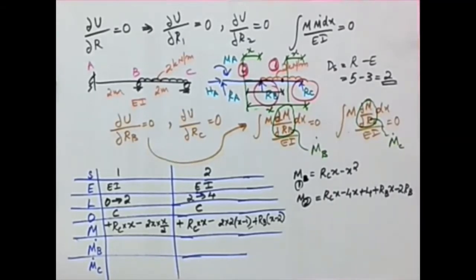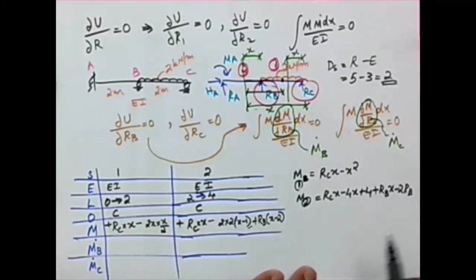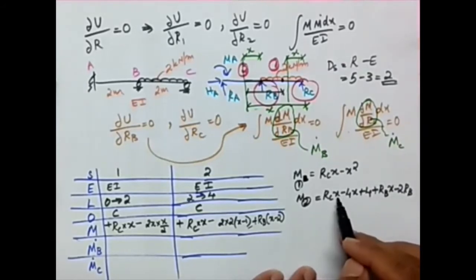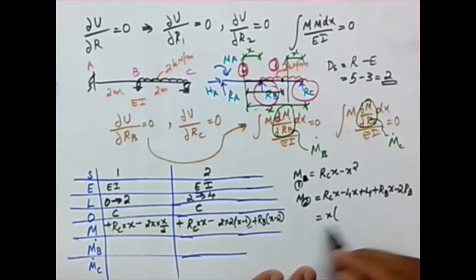Now what is the next step? The next step, we are going to integrate this in terms of x, with dx. So I'm going to club the terms with the different powers of x. Here the maximum power is x raised to 1. So I'm clubbing all the terms with x raised to 1. What all are having x raised to 1?